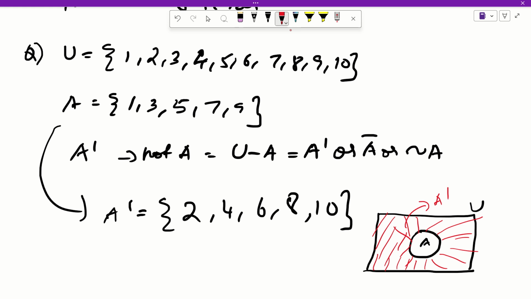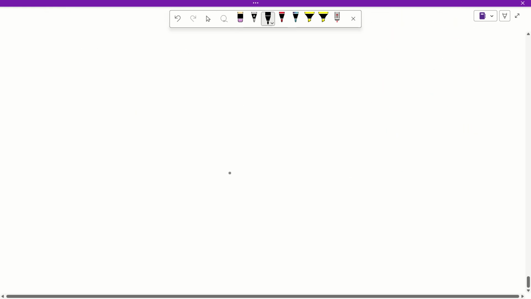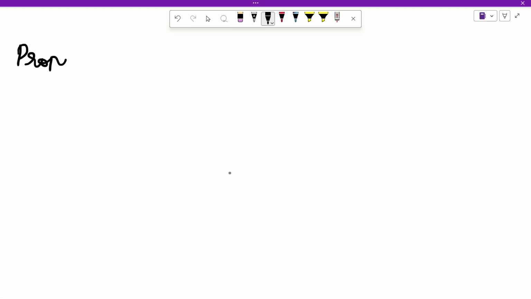Now we need to learn about some properties of complement of set.